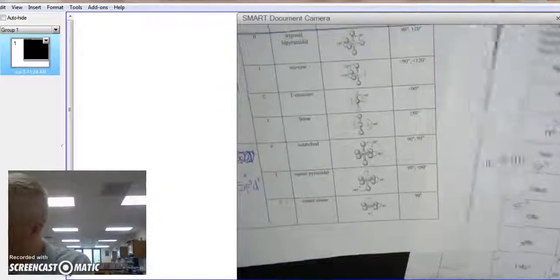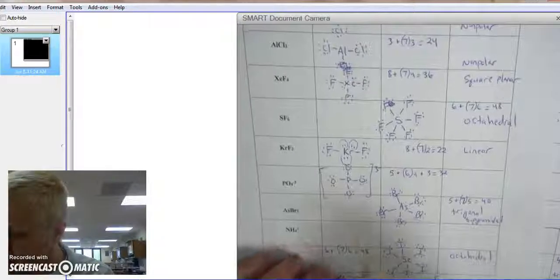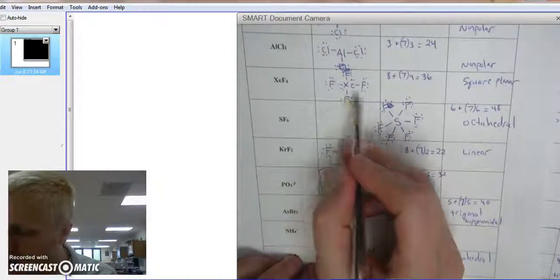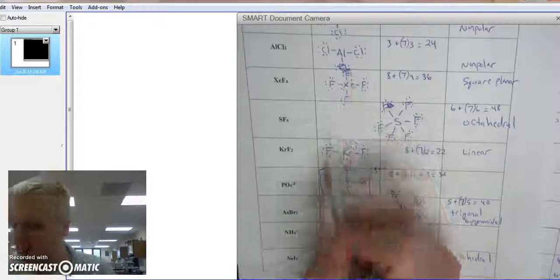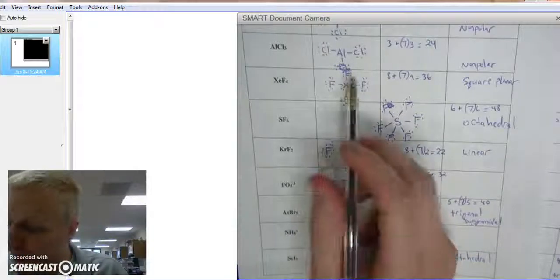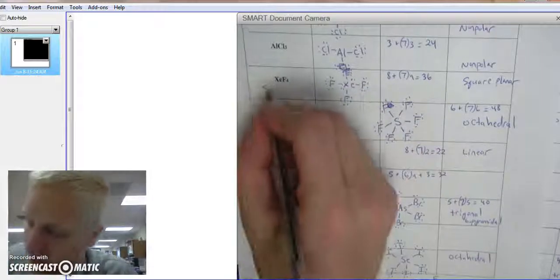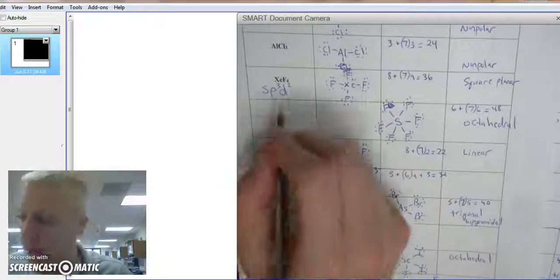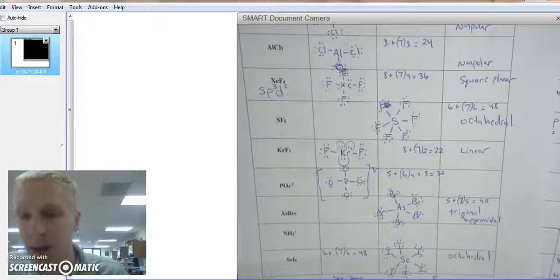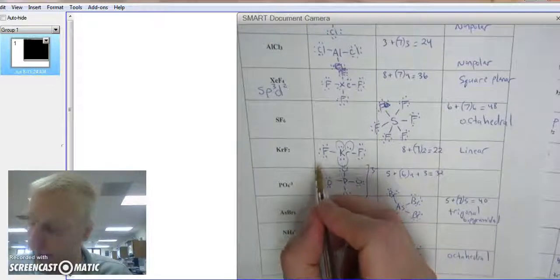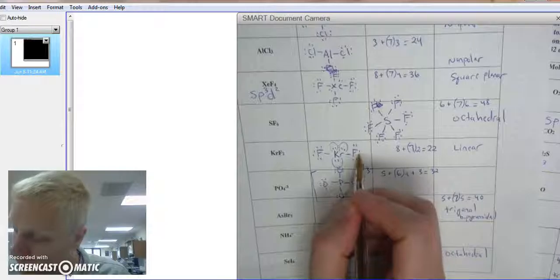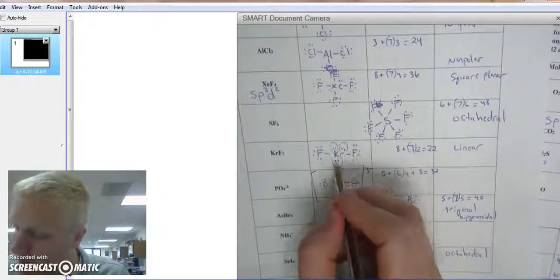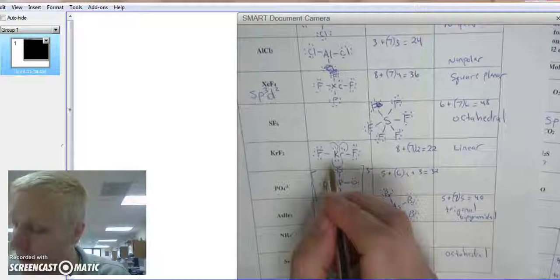Let's get into expanded octet, just a few examples of those. Here we go. This guy's square planar and it's 6 electron groups. So we have sp3, that's 3, 4, 5, 6. That's sp3d2 hybridized. And then we have 2 terminal atoms with 3 lone pairs, so that's a total of 5.